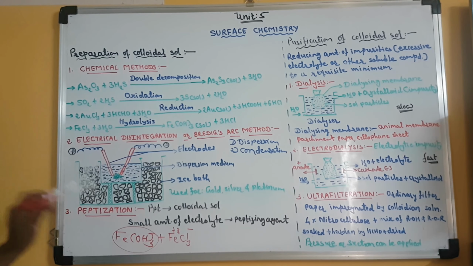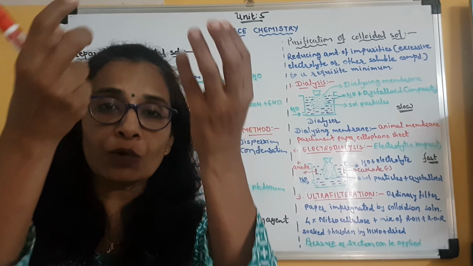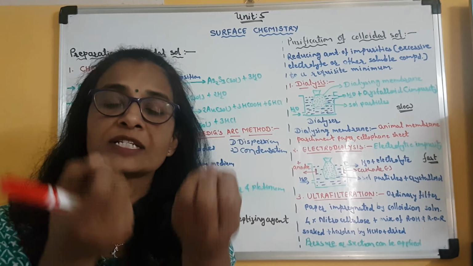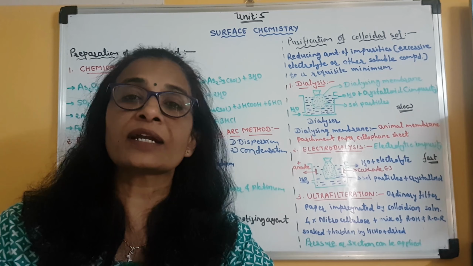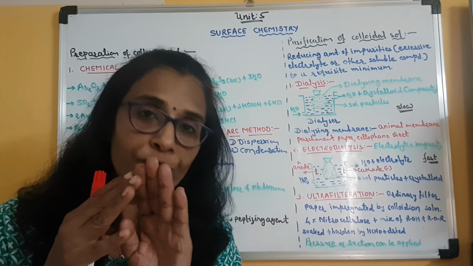If the electrolyte is present in a small amount, it will stabilize the colloid. But if it is present in excessive amount, it will coagulate the colloid. Means the colloidal particles will start aggregating and settling down at the bottom. So the colloid will be of no use.